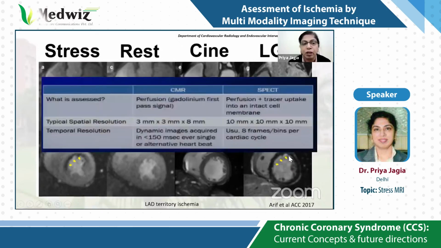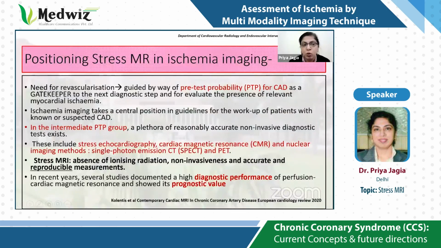So when we compare cardiac MR with SPECT, we are talking about a much higher spatial and temporal resolution. We have a 3 mm spatial resolution versus 10 mm in SPECT, and our temporal resolution is less than 150 milliseconds. So where do we position stress MR in ischemia imaging?